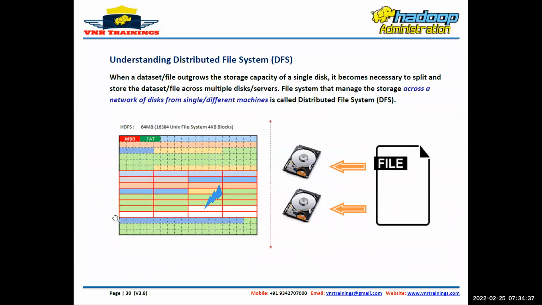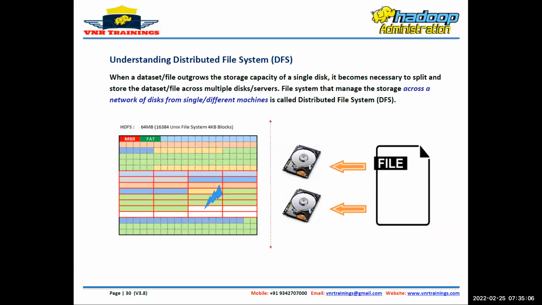So what is this concept called? This concept is called a distributed file system. What is a distributed file system? When a data set or file outgrows the capacity of a single disk, when you cannot insert your data into a single disk, it becomes necessary to split and store the data across multiple disks or servers.